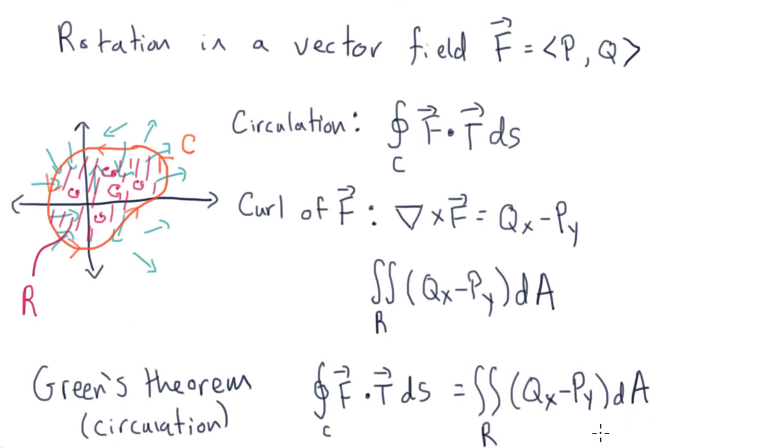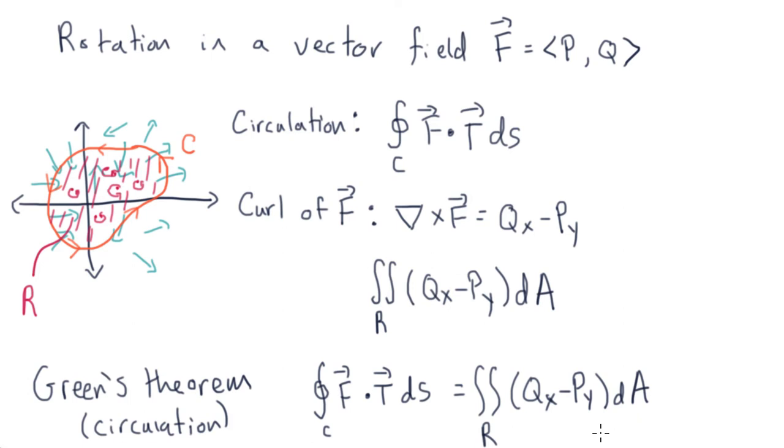Which is really cool. And you should think about this sort of like a higher dimensional analog of the fundamental theorem of calculus. And what I mean by that is, remember, the fundamental theorem of calculus in one variable basically says that if I integrate a function, I try to find the area underneath the curve, somehow, if the function has an antiderivative, the area only depends on the value of the antiderivative on the boundary or on the endpoints of the interval.